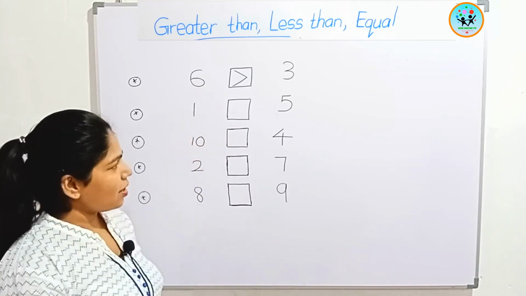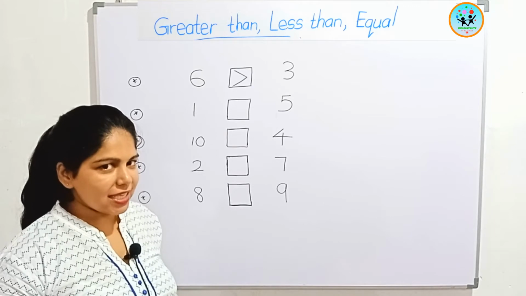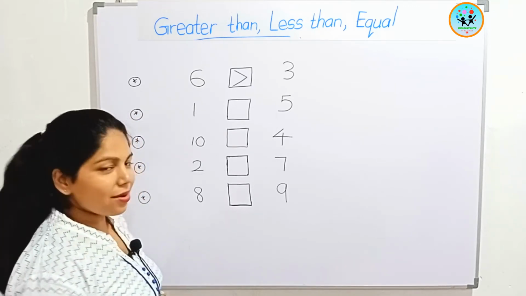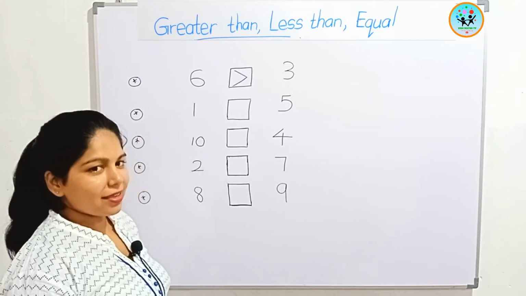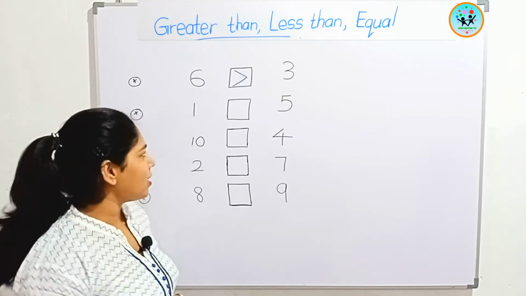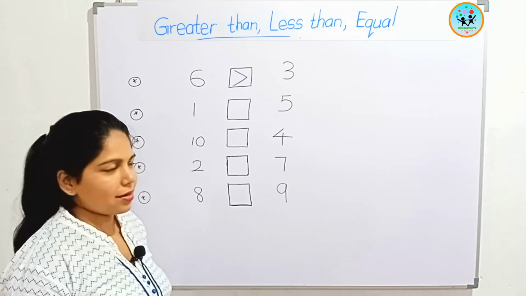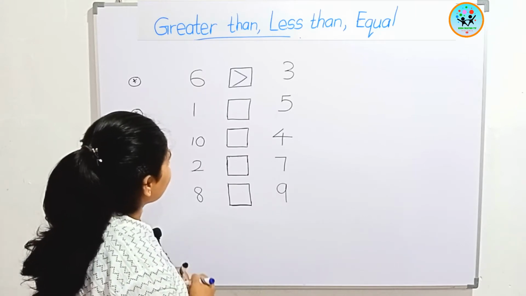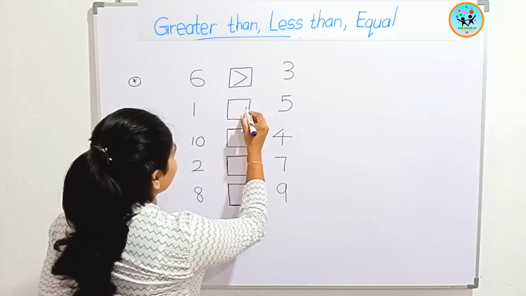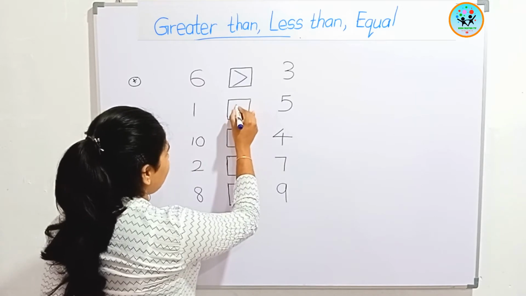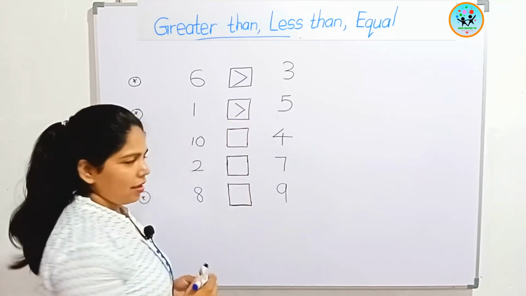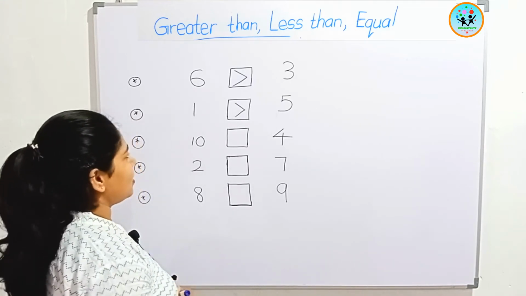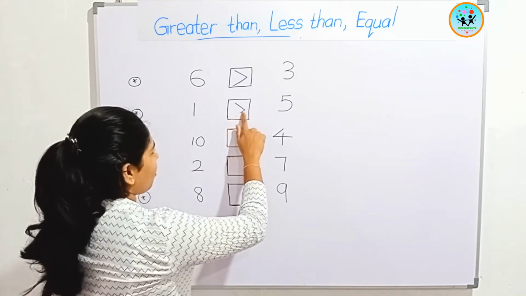Tell me, students, which number is greater, either 1 or 5? Yes, number 5 is greater than 1. How should we place the symbol? Like this? Is it correct? No. Yes, very good. It's wrong.